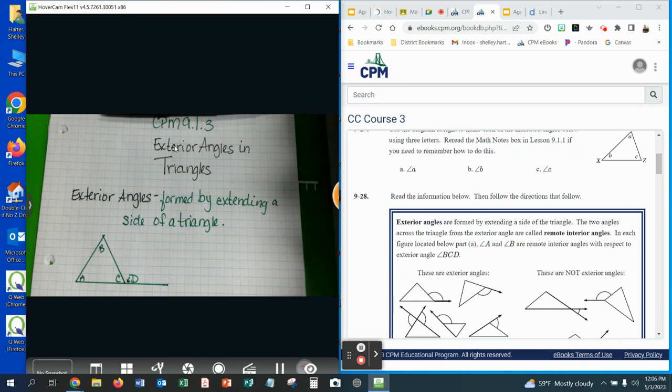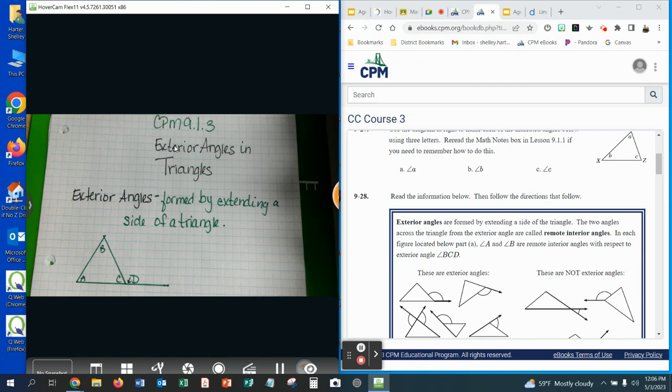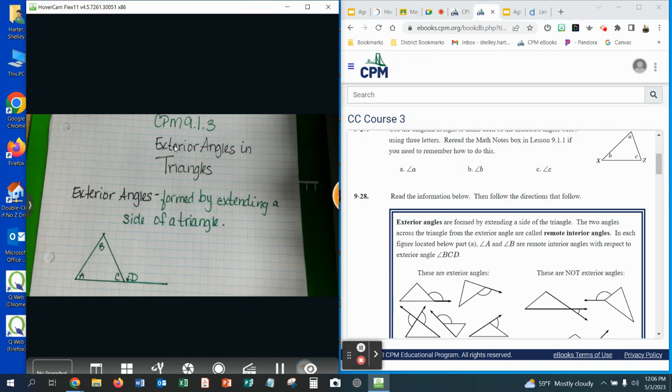Okay, let's talk about another vocabulary word. It's called remote interior angles.